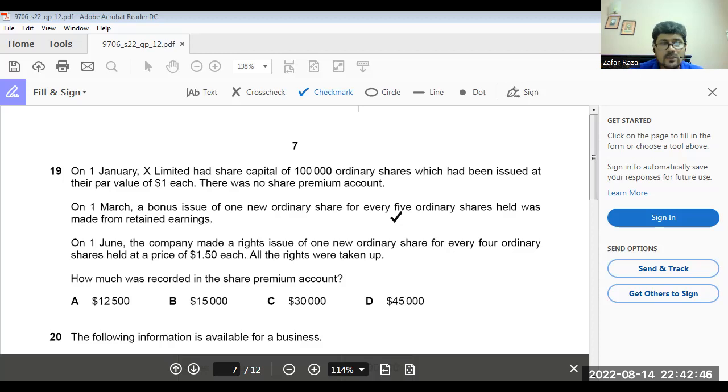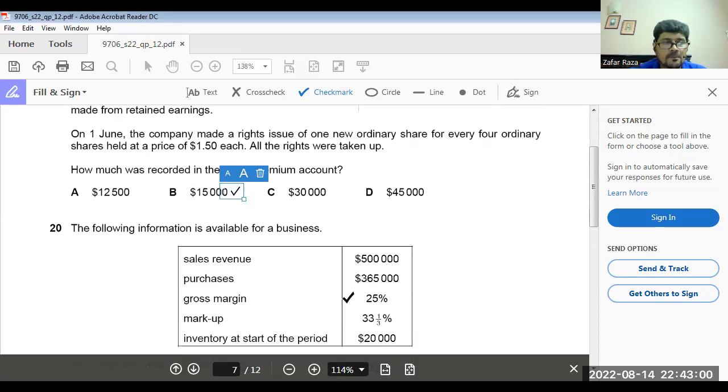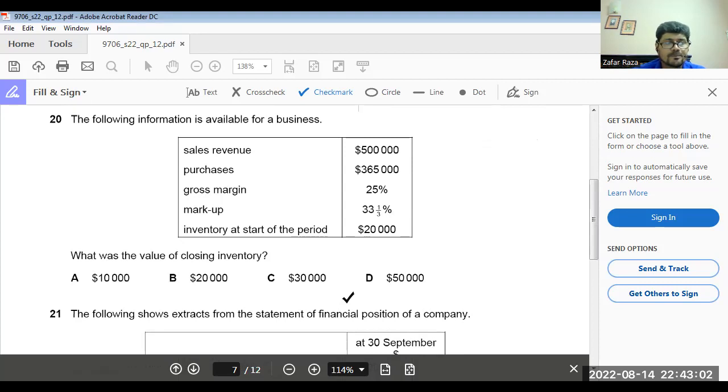So the rights issue would be made for 30,000 shares. 30,000 multiplied by 0.5 is the premium, so 15,000 should be the answer. Yes, premium account. Okay, 20.